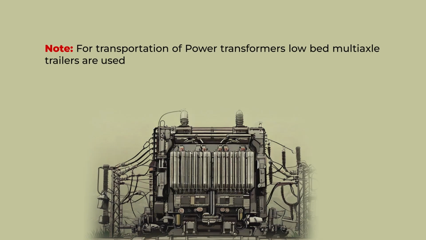For transportation of power transformers, one should use low bed multi-axle trailers so that the transformer weight gets evenly distributed over the entire transportation bed. We use multi-axle trailers when transporting transformers of rating more than 60 MVA.